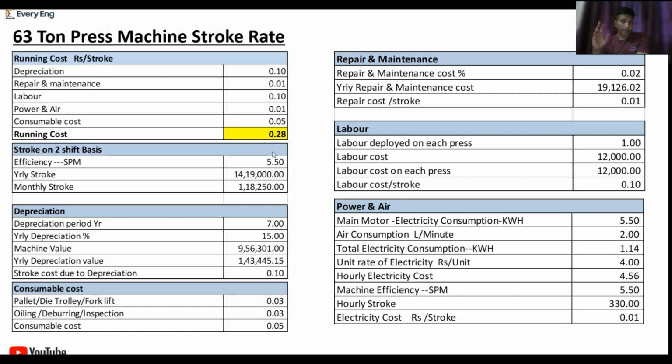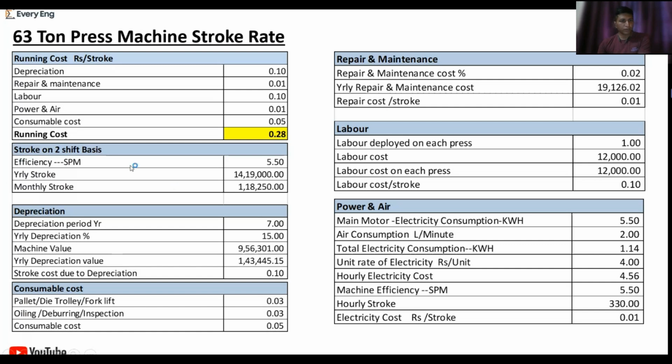तो जब भी आप लोग ये कैलकुलेशन अपने प्लांट में करेंगे, आपको लगेगा कि हाँ, हमने कुछ किया है. So now we move on. Our efficiency is 5.5.